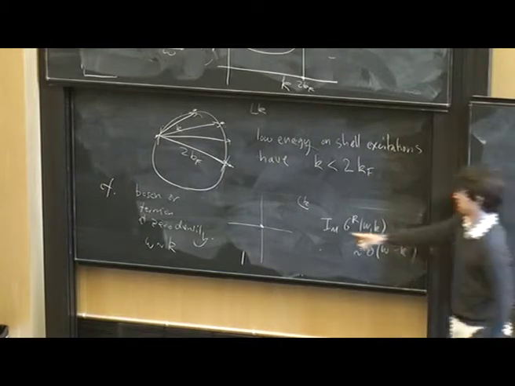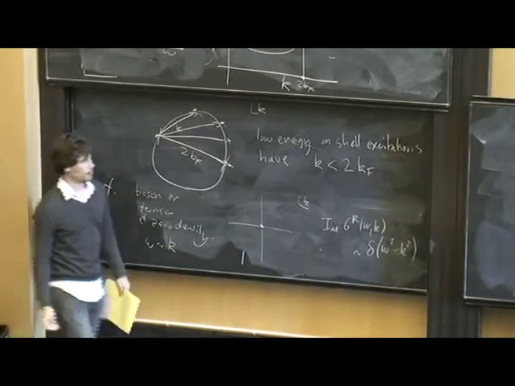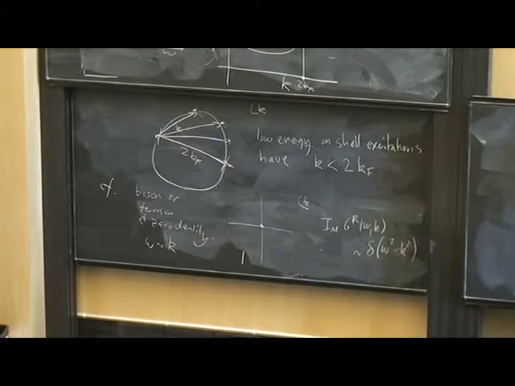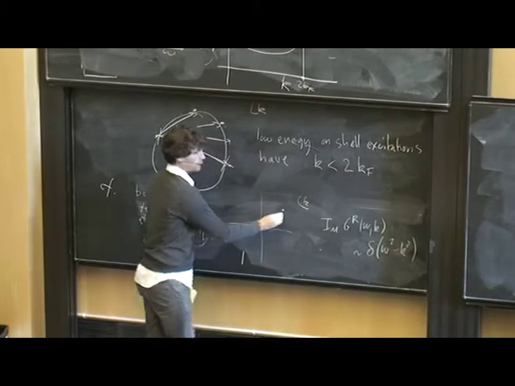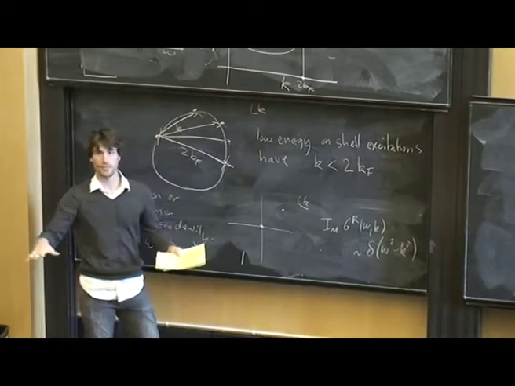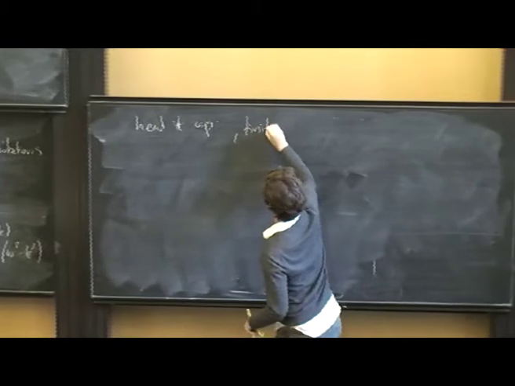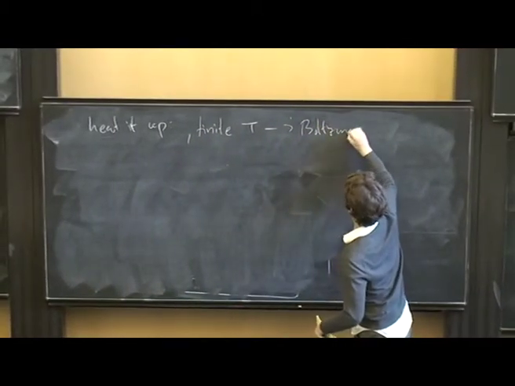So now let's take just a final example. Let's imagine taking this boson and fermion, or fermion at zero density and heating it up. Then you will produce some degrees of freedom here. Okay, so you have a thermal distribution of states, right? But it'll be Boltzmann. So at finite T, you have some Boltzmann excitations.